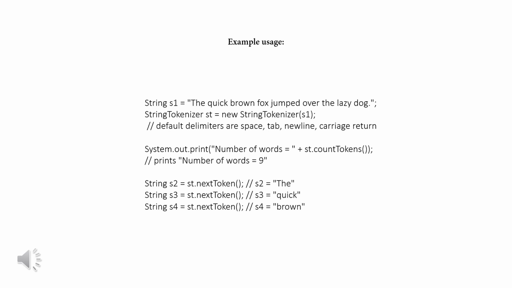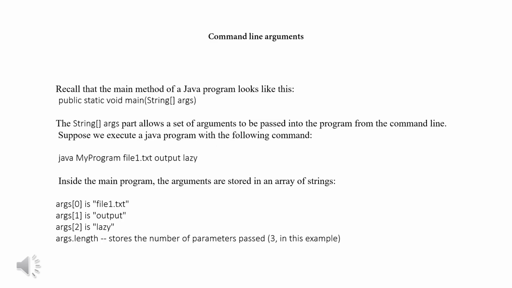It would be the number of words. For string S2, for example, if we write bst.nextToken, it will be D. If we write S3 as st.nextToken, it will return the next token inside S3, which is quick, and so on. So that's how you can use it.